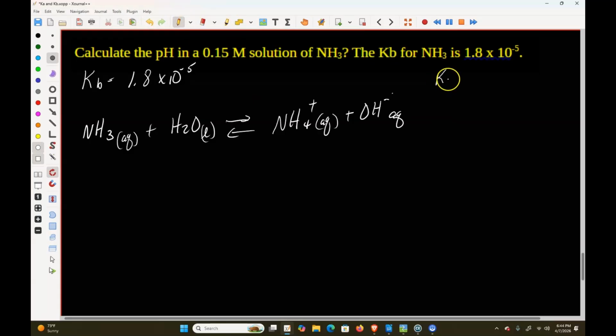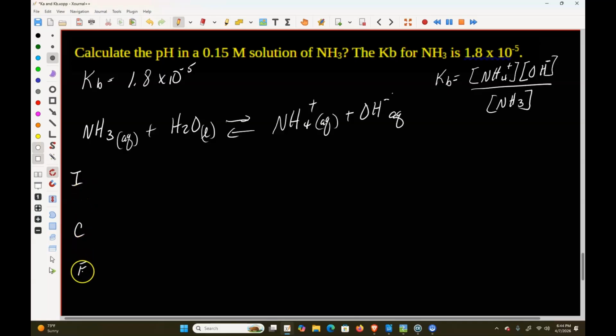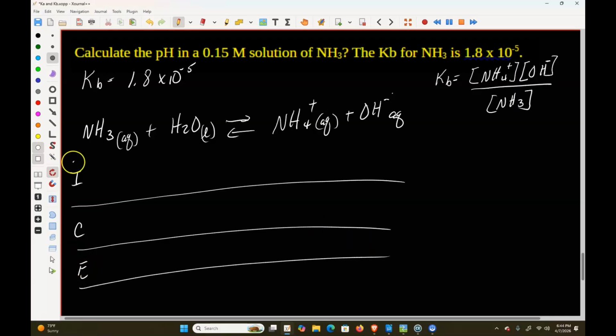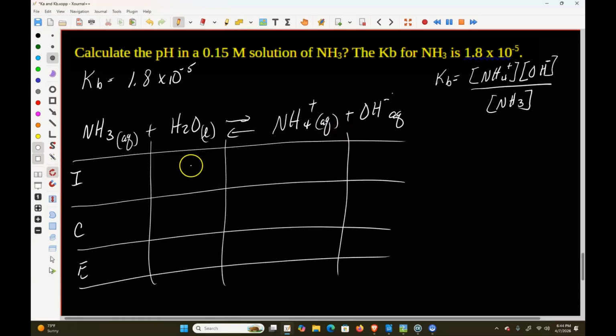So my Kb is going to be the NH4 ammonium ion concentration times my hydroxide concentration all over the ammonia concentration. Again, our old friendly ICE table. Okay, so nothing goes here.